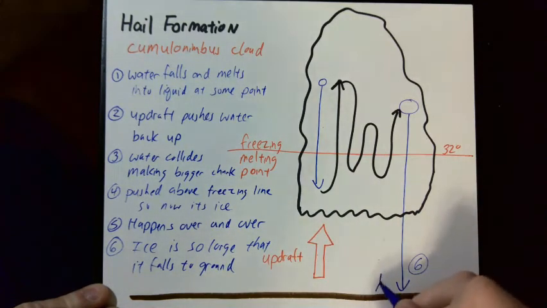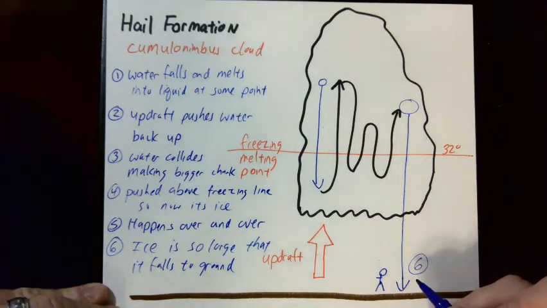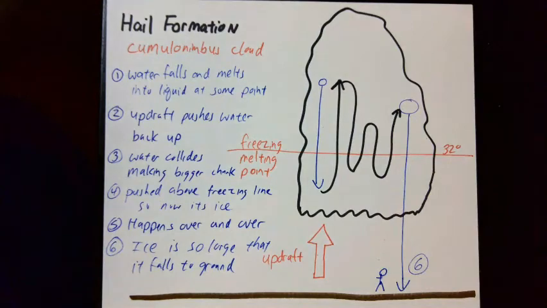So if you're standing right here, what you see falling down is not a raindrop. It's not a single frozen raindrop like sleet. It's a big chunk of ice. Generally looks kind of jagged, looks uneven, and can be quite large. This is what we call hail, and this is the only way in which hail forms.